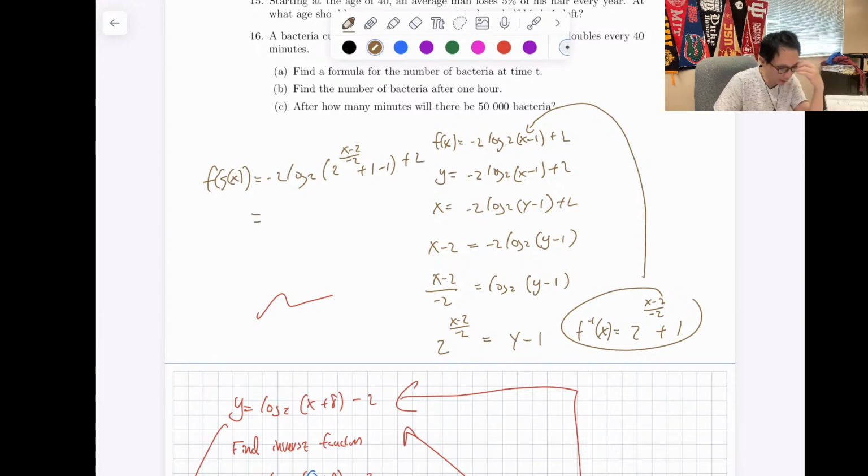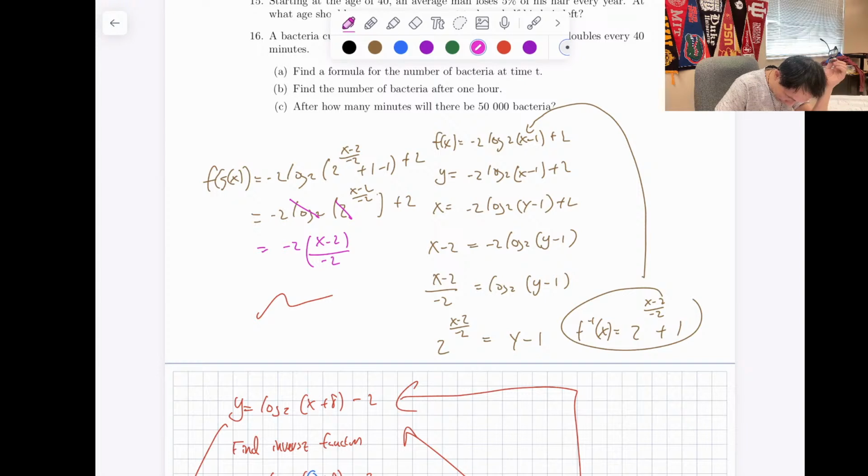So this one is going to be -2 log 2 of 2 to the x minus 2 over -2 plus 2. Now this one gonna cancel out. So it'll be -2 times x minus 2 over -2 plus 2. This cancels out. It'll be x minus 2 plus 2. X is equal to x, which is we just verified.